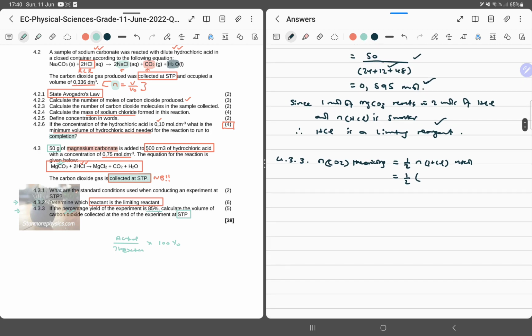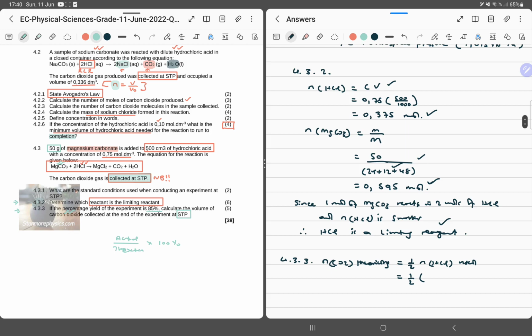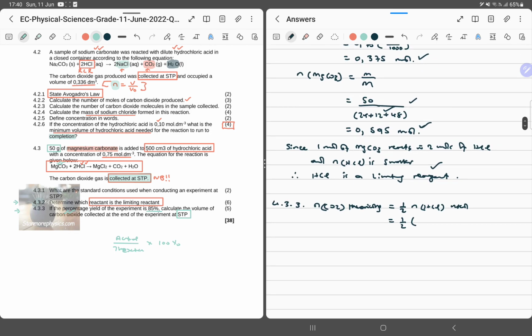Yeah, we did above. The number of moles was 0.375. So that is the theoretical yield, right? So we're going to take half of that: 0.5 into 0.375.